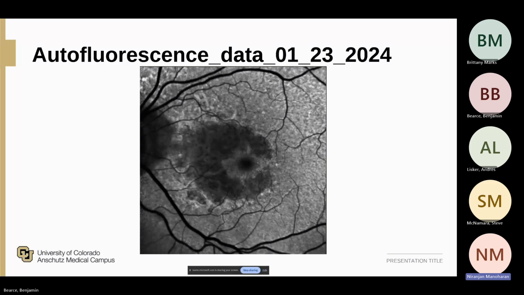For this image, a lot of you guys are retina specialists or residents or fellows, so maybe too basic for you, but remember the fovea is going to be dark in these autofluorescent images, and so is the disc and any parapapillary atrophy. So we don't want to annotate those areas.